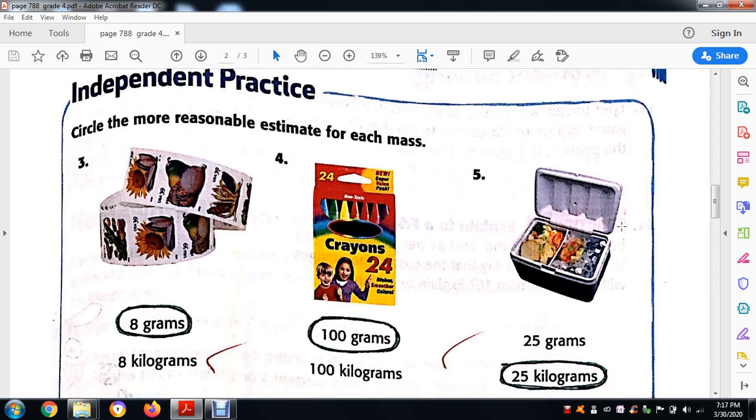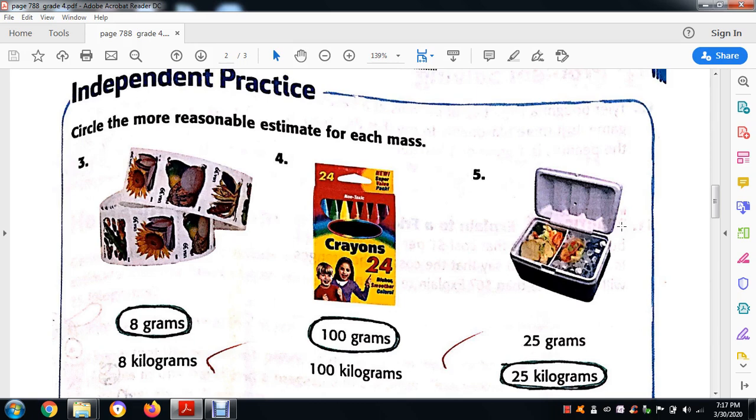Number 5, you can see a big box containing water bottles and some other things. They are telling that 25 grams or 25 kilograms.